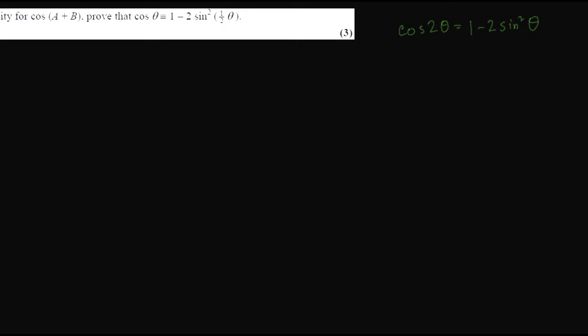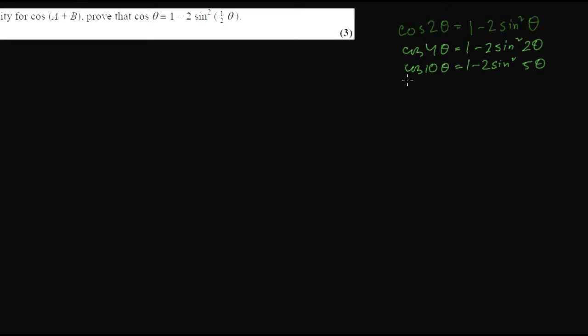So if I write cos 4 theta, this would be 1 minus 2 sine squared half of 4 theta, which is 2 theta. If I write cos 10 theta, it would be 1 minus 2 sine squared half of 10 theta, which is 5 theta.